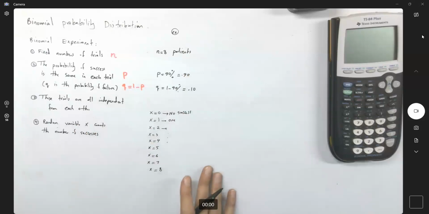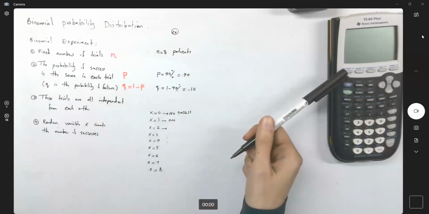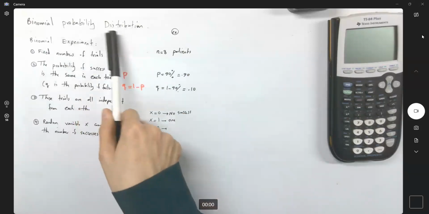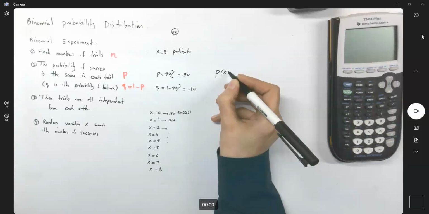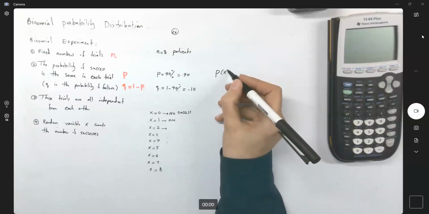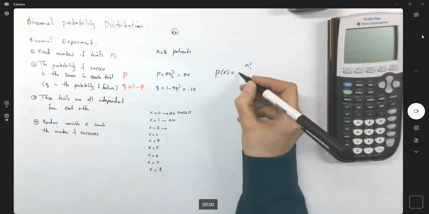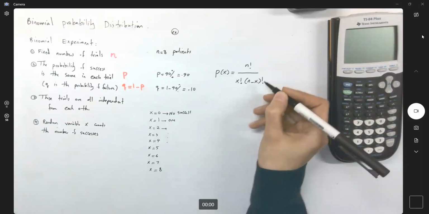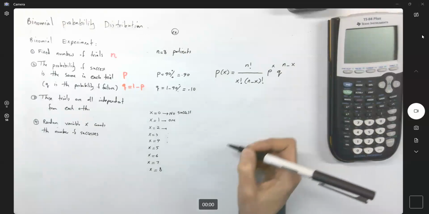But the question is, how do I calculate the probability? First of all, you have a calculator and you have a formula for the probability distribution of a binomial that is defined as P of X equals n factorial divided by x factorial times n minus x factorial, times p to the x, and q to the power n minus x.